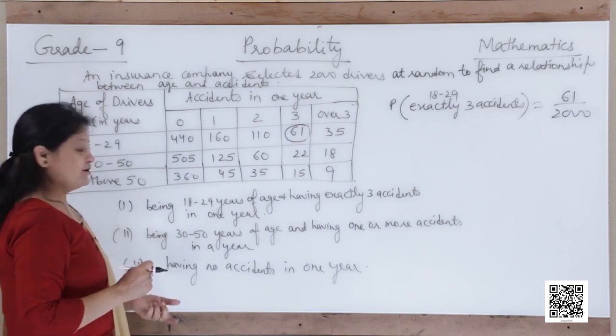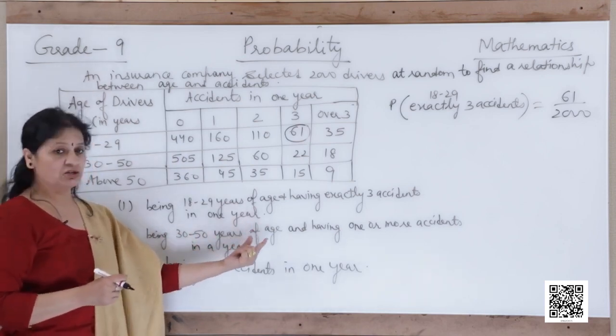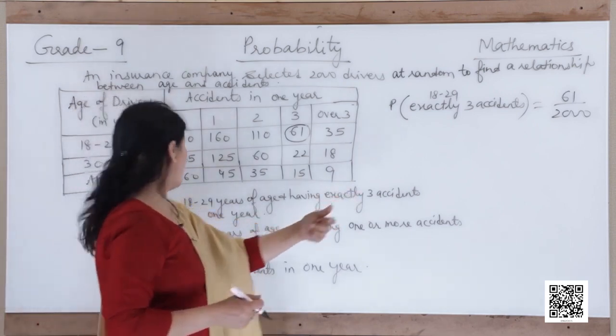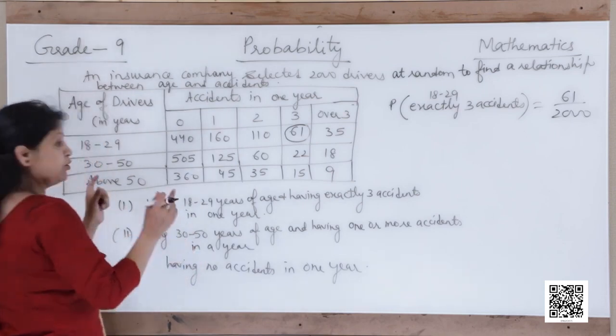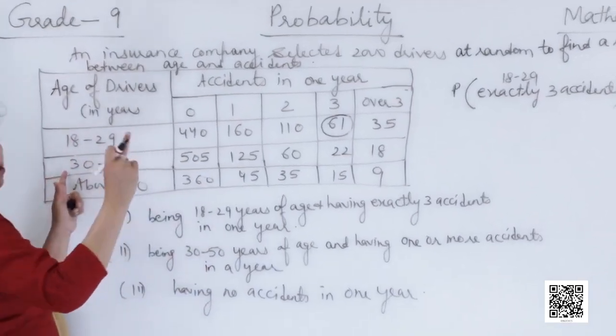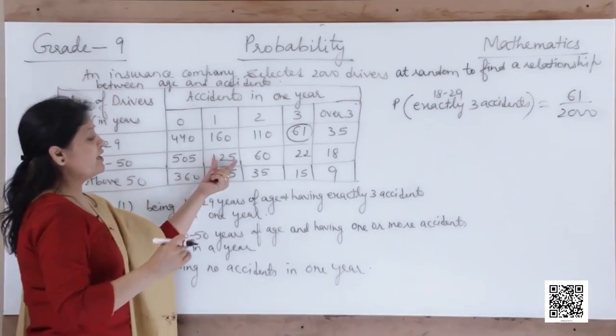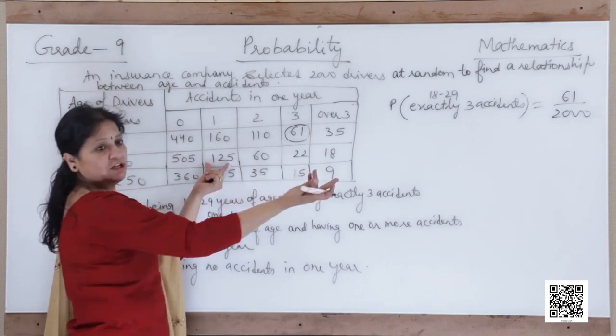Now second part, what they said? Being 30 to 50 years of age and having 1 or more accidents in a year. They said 30 to 50. Now read this line very carefully. 30 to 50 years, 1 or more accidents. It can be 1 accident, it can be more. More means 2 also or more than 3 also.